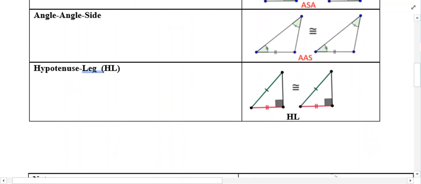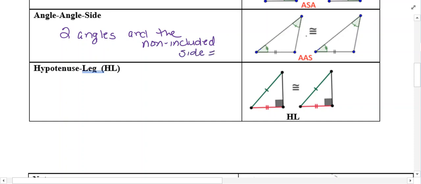So this is 2 angles and the not included side. So we have this angle congruent to this angle congruent to this one, and the sides.